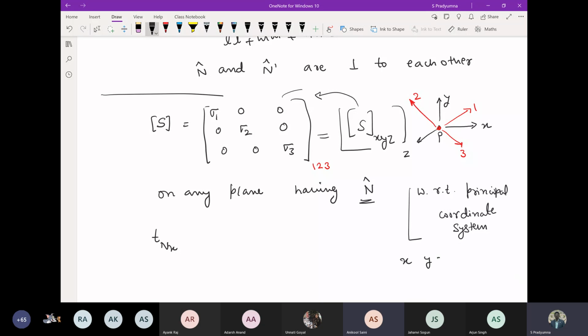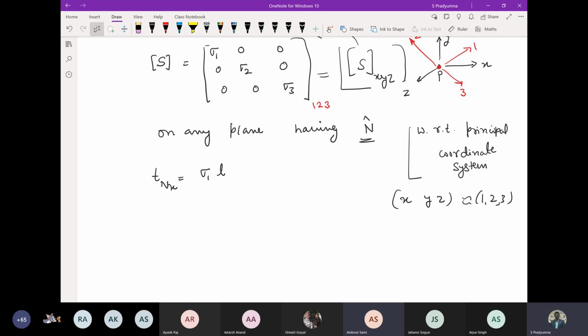That means xyz is also the 1, 2, 3 coordinate system. So I'm just changing the orientation of that. Therefore, I'm writing Tnx here. Tnx, I can say it is equal to sigma 1 L because I don't have any shear stress component on this. And similarly, Tny will be equal to sigma 2 m. Tnz is equal to sigma 3 n.